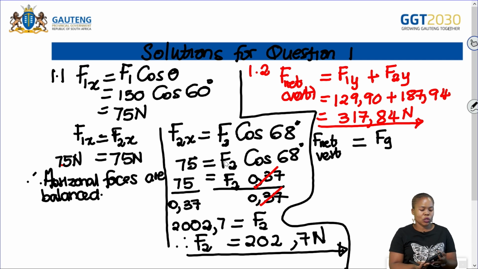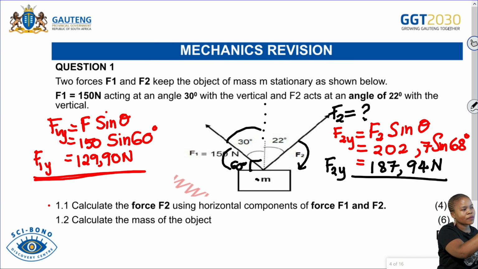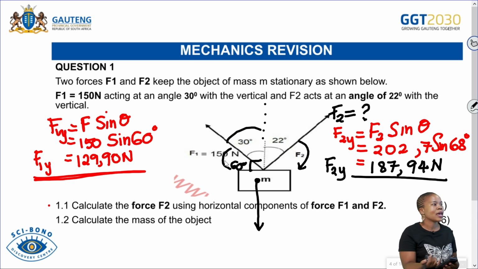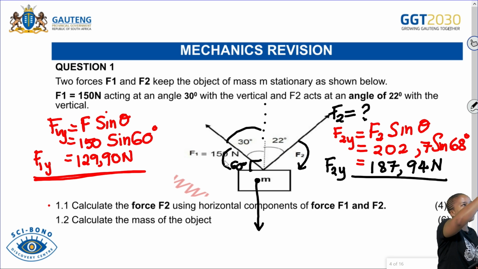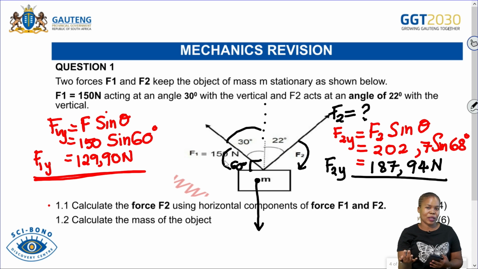Let's go back to the diagram a little bit. From the center of the object downwards, there's the gravitational force, and upwards, there are forces acting on the vertical, because we've calculated the vertical components.